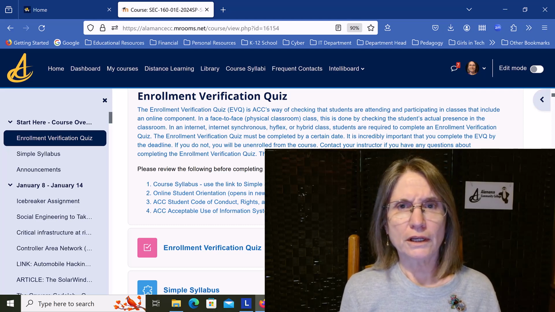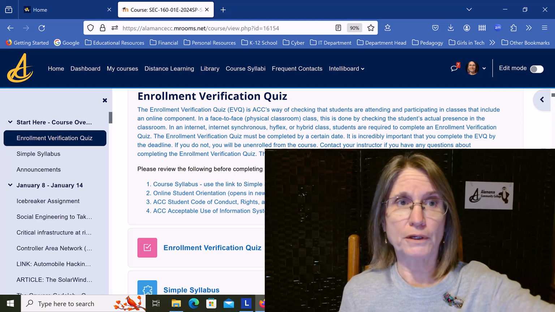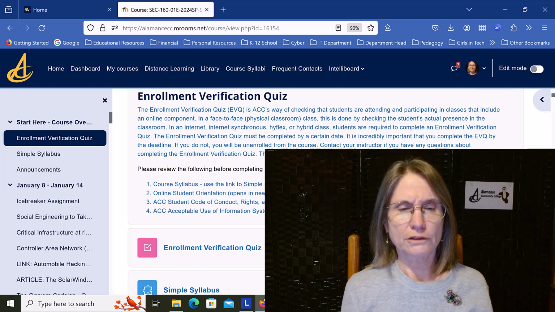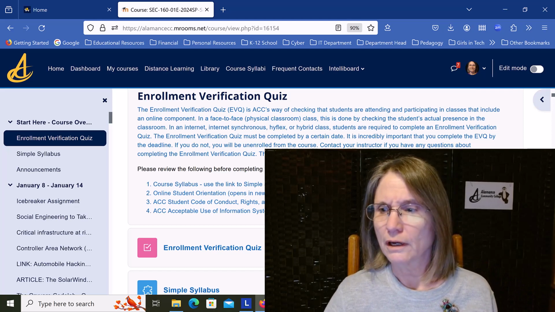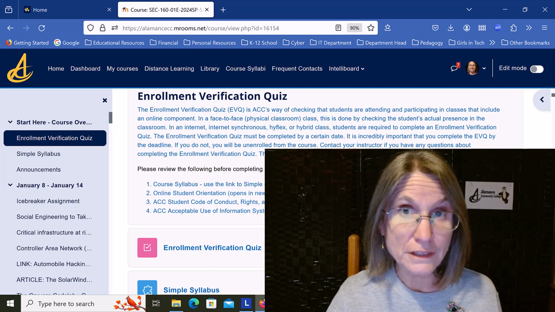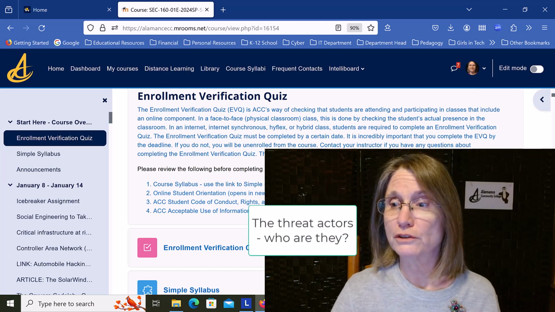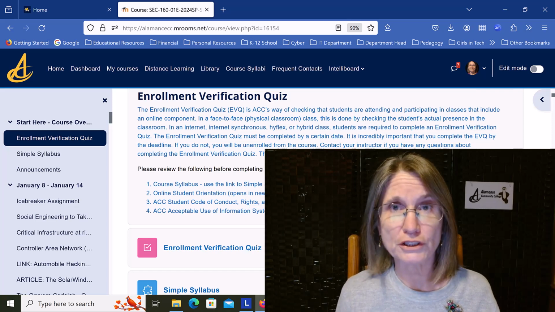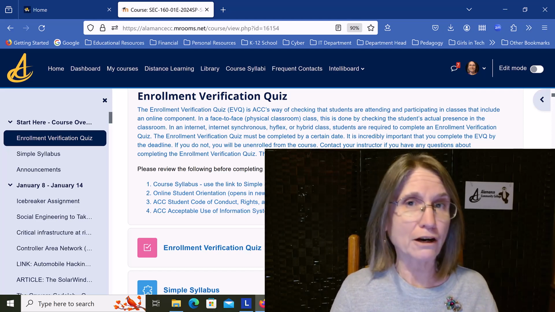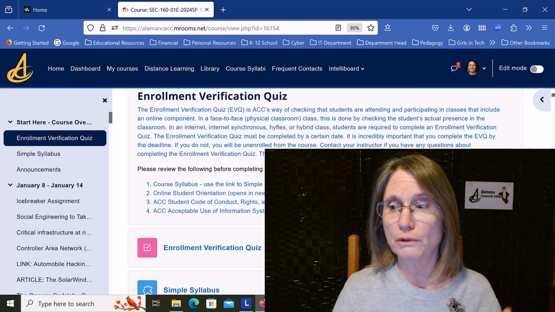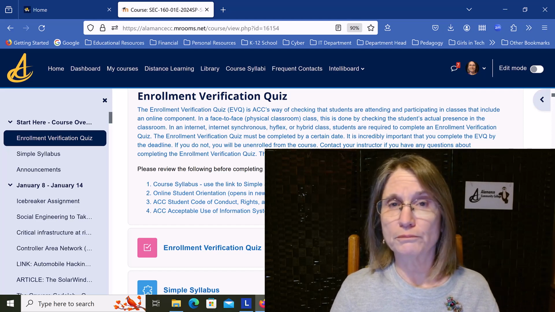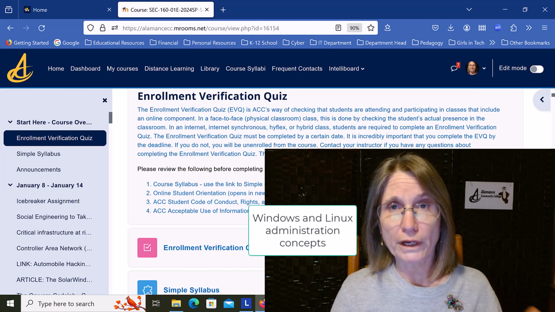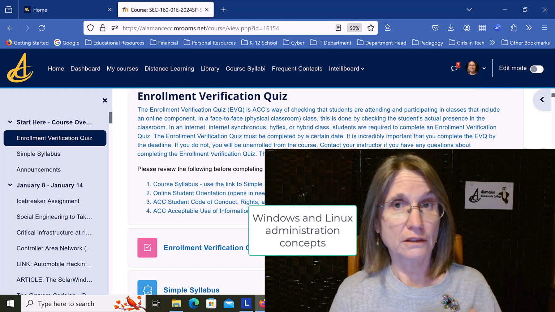This course is going to cover a lot of interesting topics. We are going to start by taking a look at who steals data and what their motivations are. And then we're going to refresh ourselves looking at some background information on the two major operating systems that are used today, that being Windows and Linux.